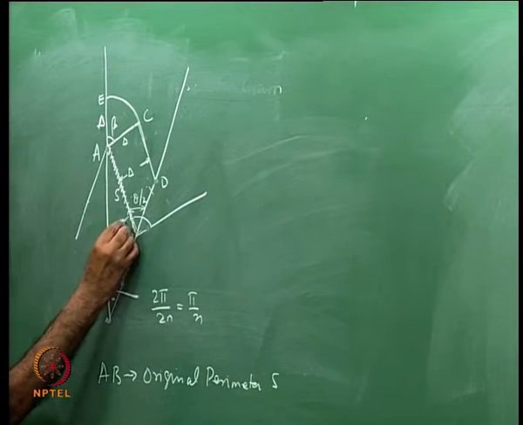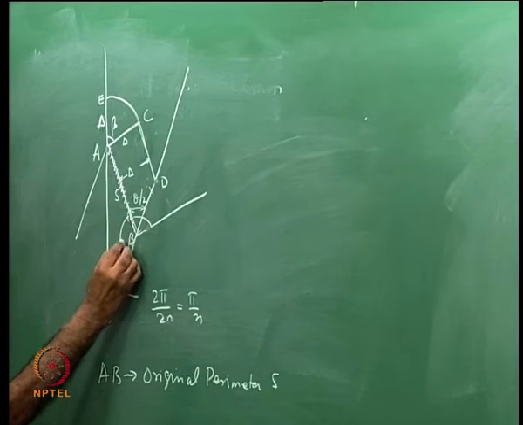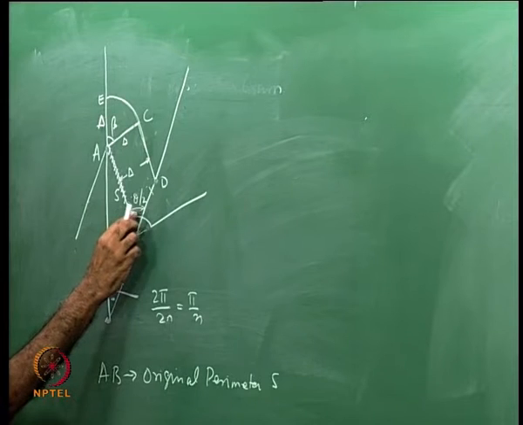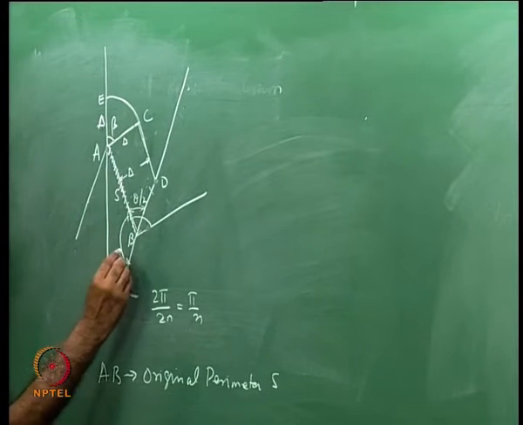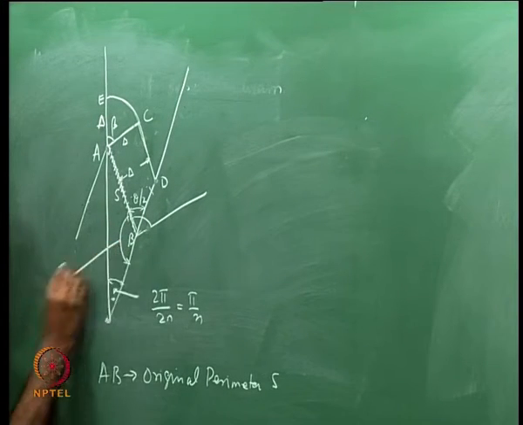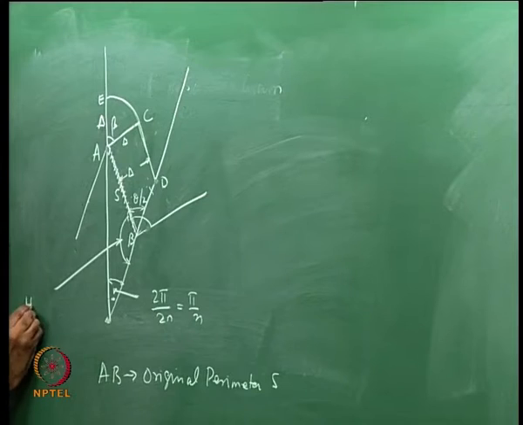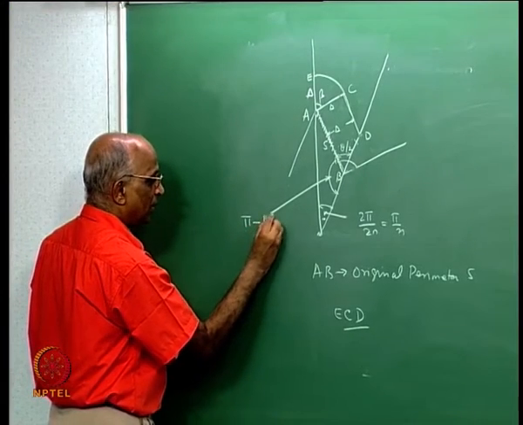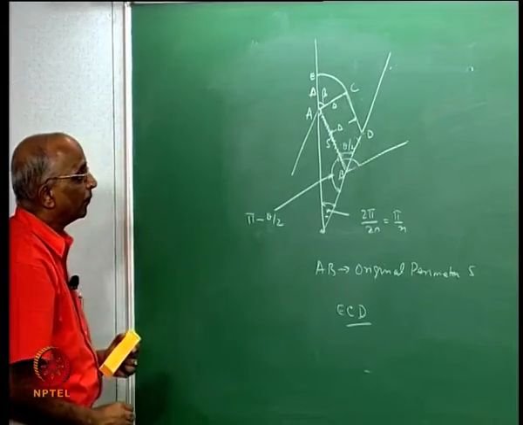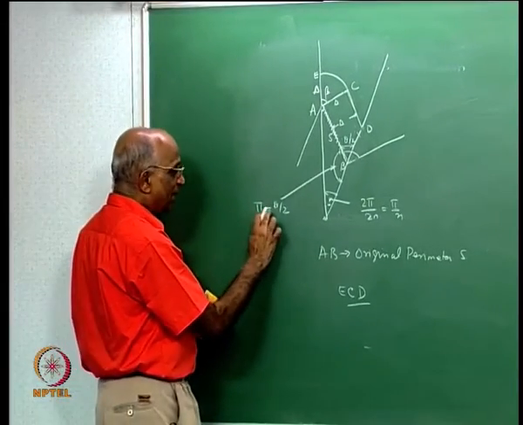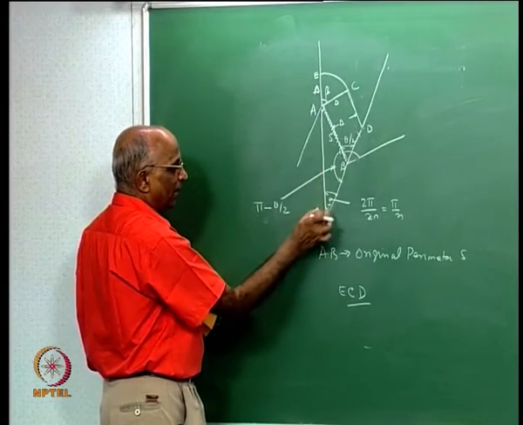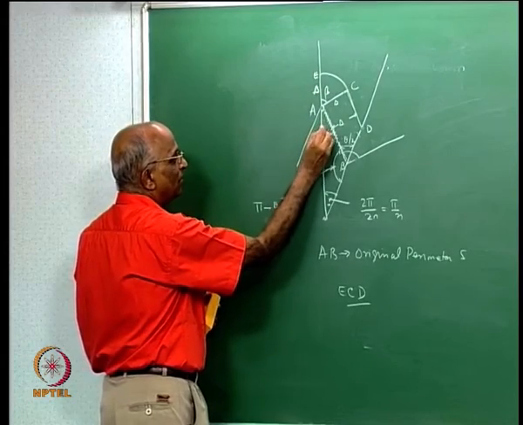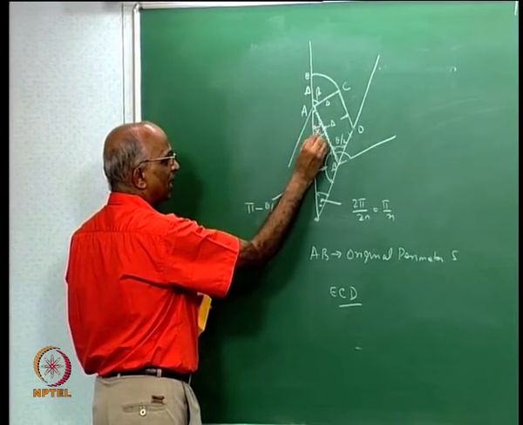What is the value of this angle? This angle, you said theta by 2, this is 180 minus theta by 2, or now this angle is equal to pi minus theta by 2, where pi is 180 degrees. If this angle is pi minus theta by 2 and this angle is pi by n, what is the value of this angle? Let us say this angle is chi.